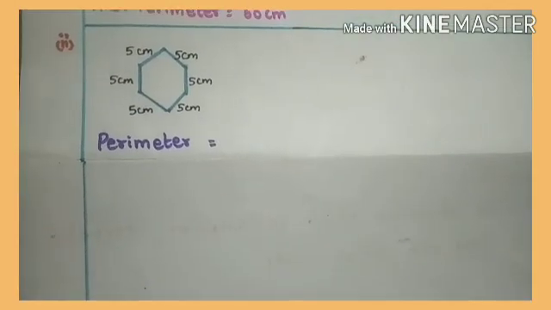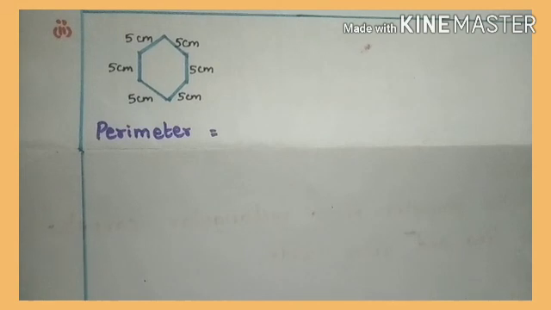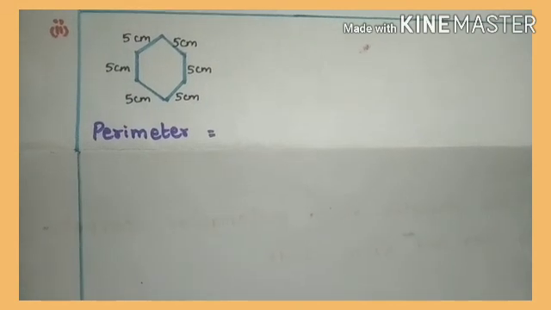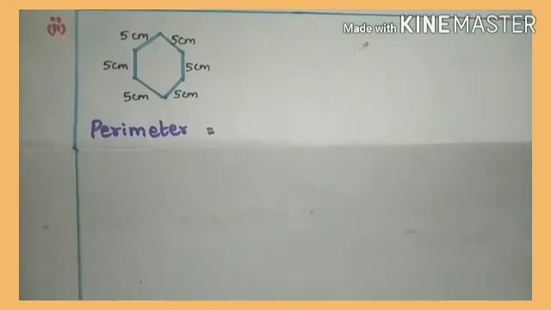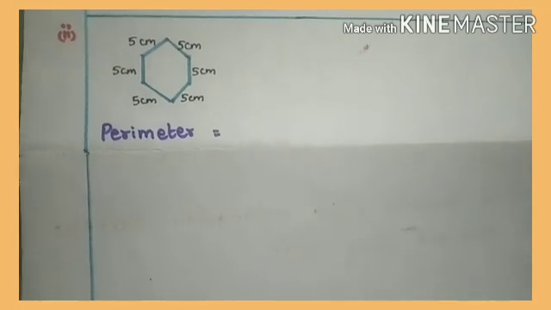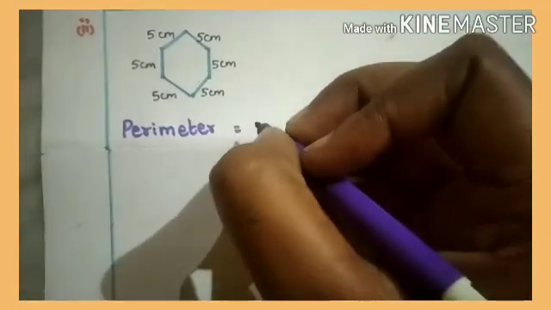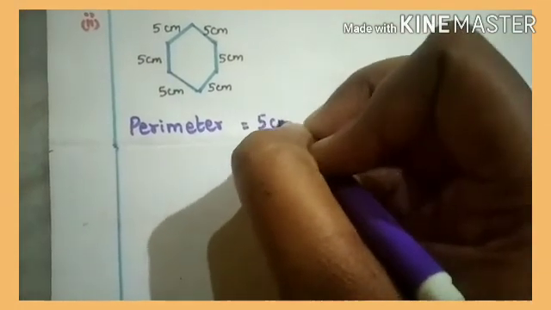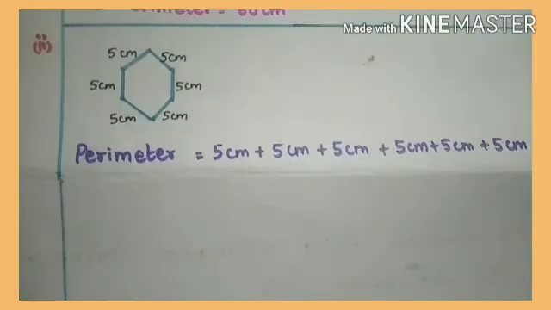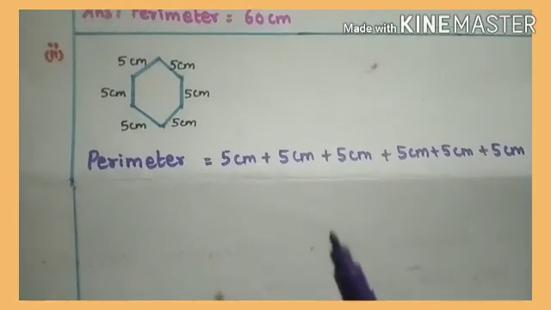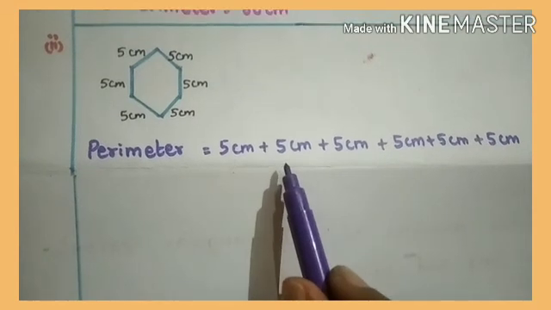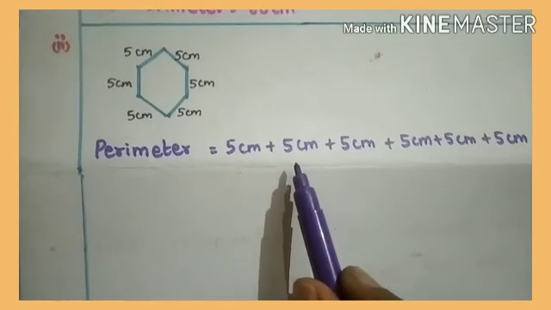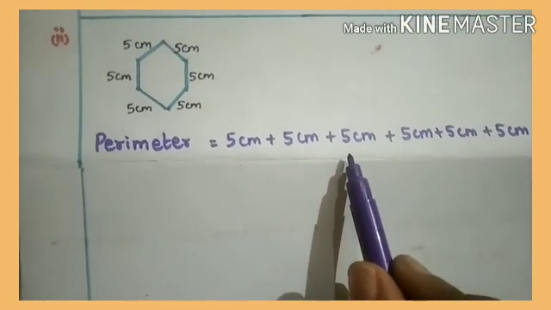Second sum, find the perimeter for the given figures. Let's find the perimeter for the given figures. So we have to add the length of all the sides. So add the numbers 5 centimeter and 5 centimeter, we get 10 centimeter. Then add 10 centimeter and 5 centimeter, we get 15 centimeter.